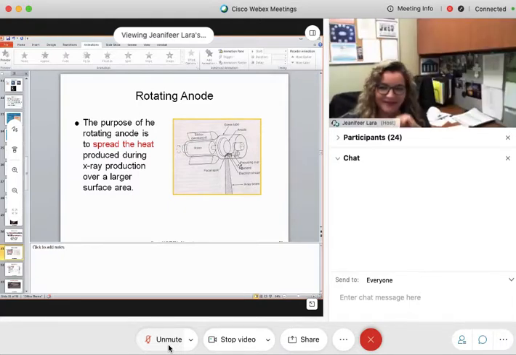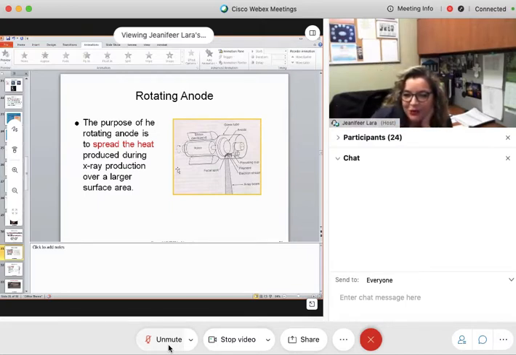All right. So here we have the stator positioned around the rotor that is attached to the disc. This stem, the stem that attaches the rotor to the disc, what do you think it's made of? You guessed it, molybdenum.